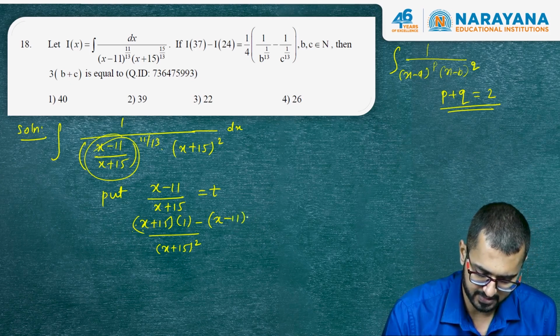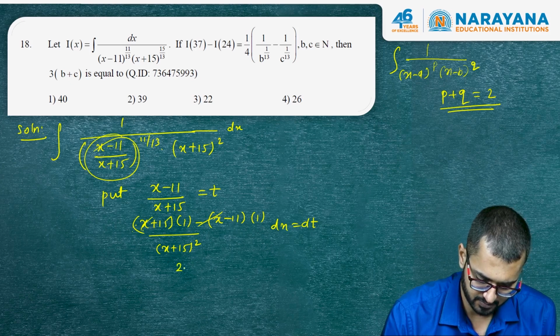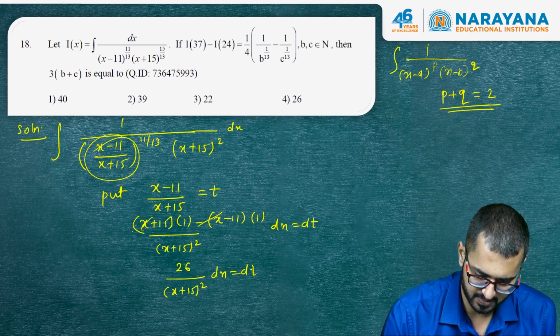So x minus 11 derivative will become 1. dx is equal to dt. So from here this x and x will get cancelled. 15 plus 11 will give me 26. So 26 over (x plus 15) square dx is equal to dt.